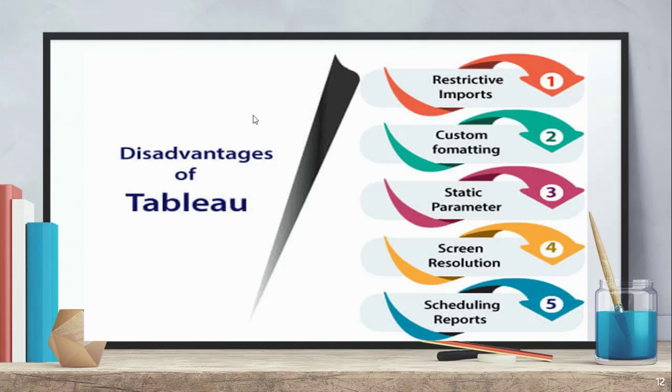Static parameters. Tableau parameters are static and always select a single value as a parameter. Whenever the data changes, these parameters also have to be updated manually every time. There is no option for users to automate the updating of parameters. And fourth one, screen resolution. The layout of the dashboard is distorted if the Tableau developer's screen resolution is different from the user's screen resolution.